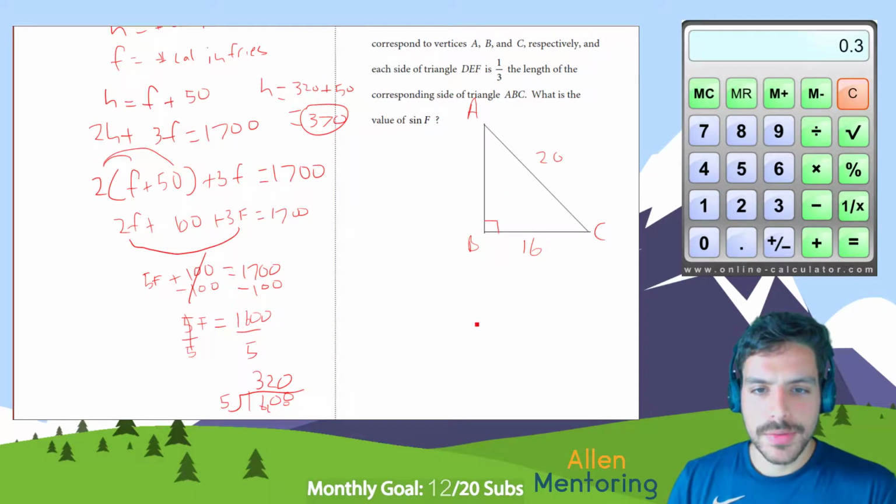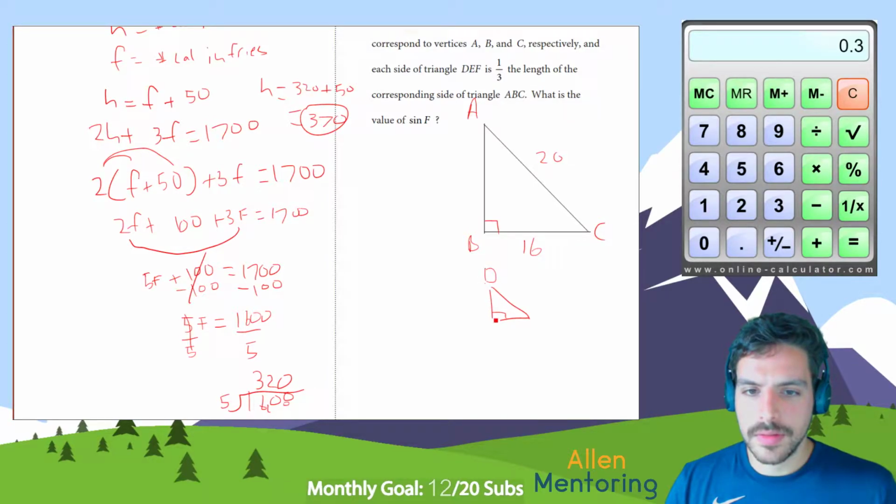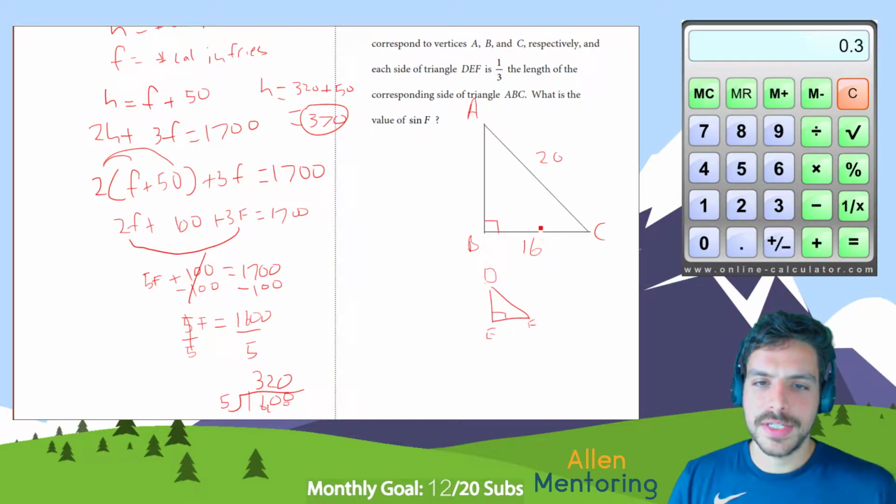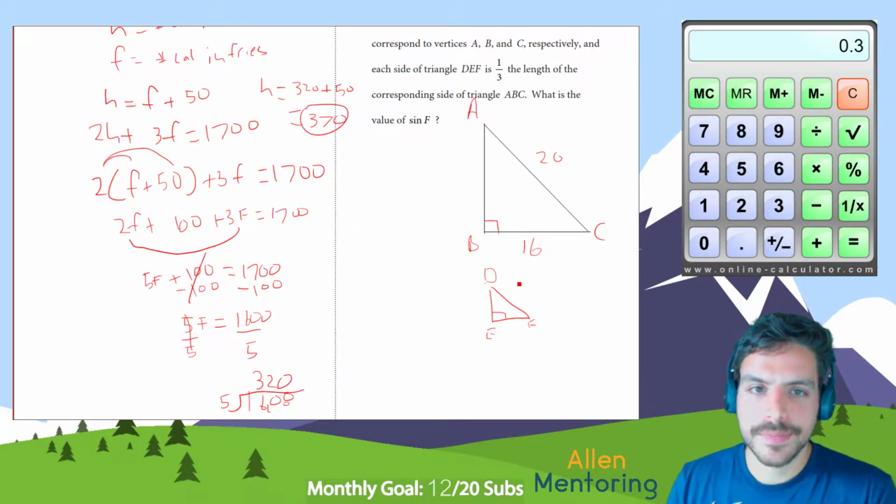DEF is just going to be a smaller version of that. Every side of this is 1/3 the size of the other one.